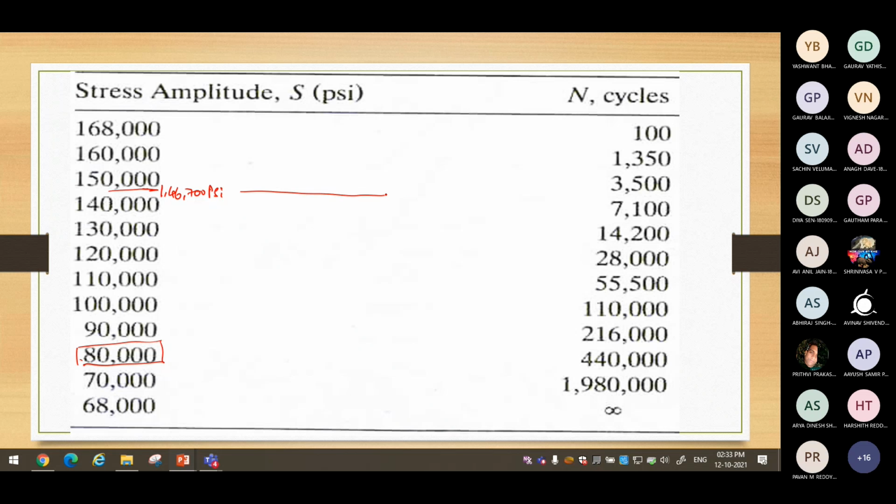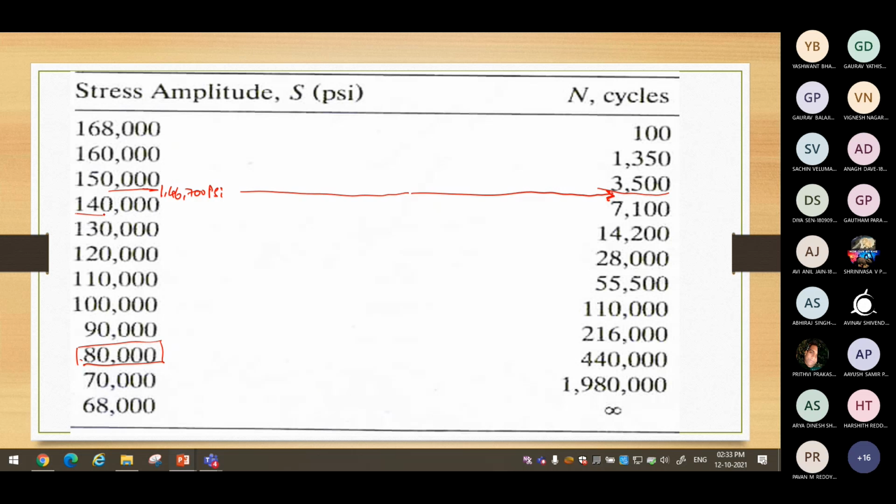How many cycles does it give us? That sits in between these values. If it had been 150,000 psi, or 150 KSI of stress, then you get 3,500 cycles.